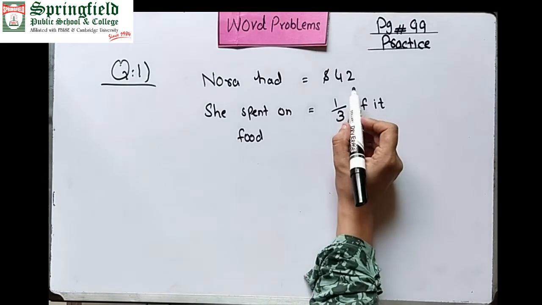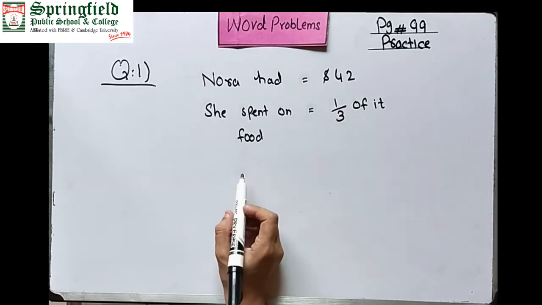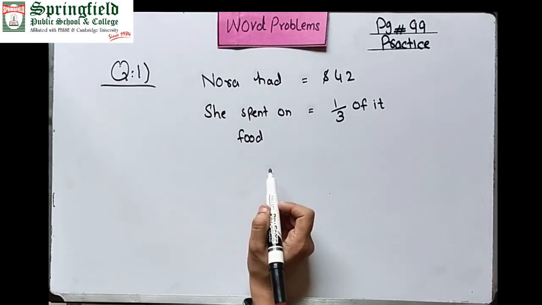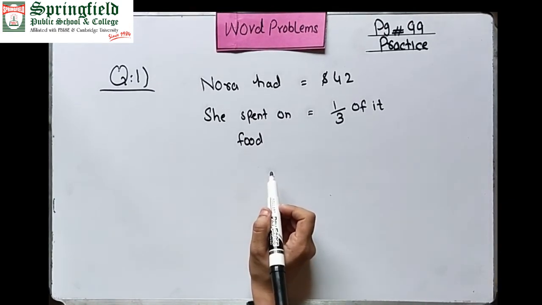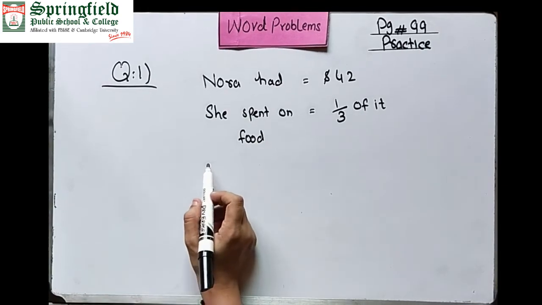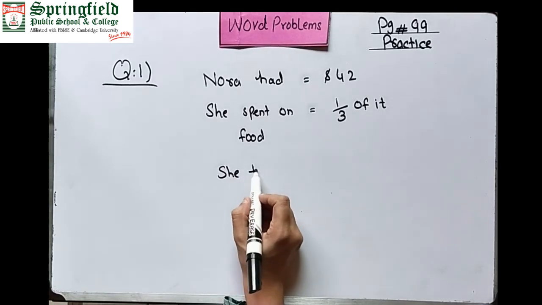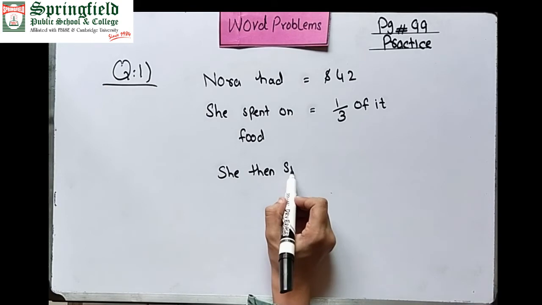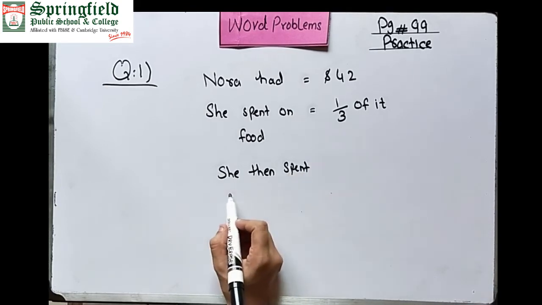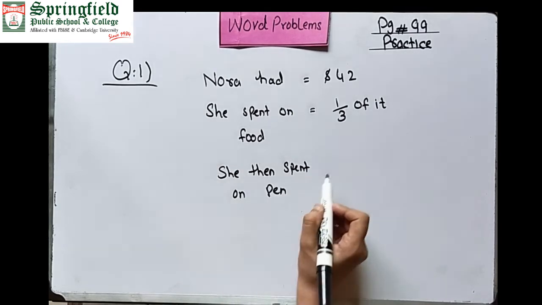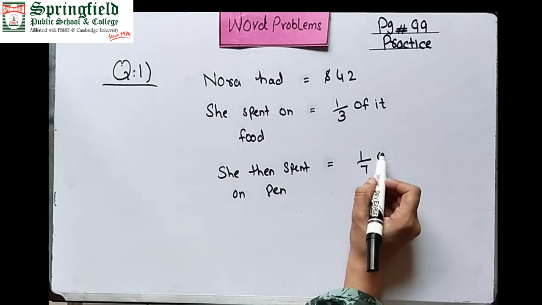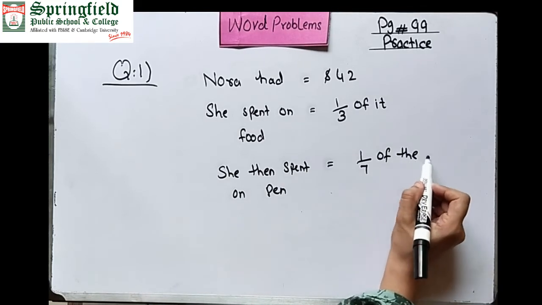Of it means of this amount. So how much money will remain? Then in the next statement they are saying that she spent on a pen 1/7 of the remaining amount.